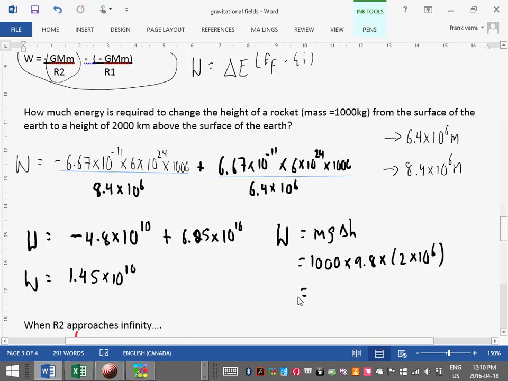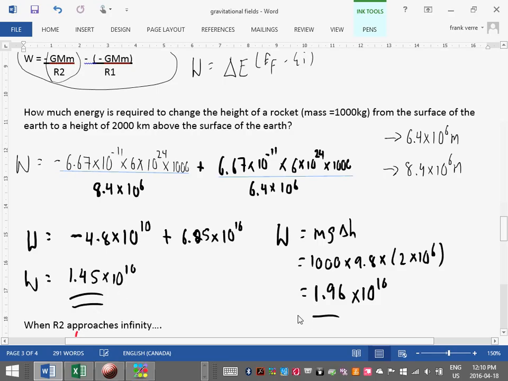This is the equation you would have used in grade 11, right? Work is equal to the change in energy, in this case the change in potential energy. What would the answer be here? What is it, Nika? 1.96 times 10 to the 10. You'll notice that they're not the same.